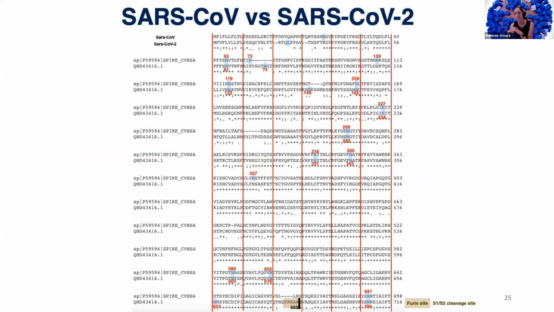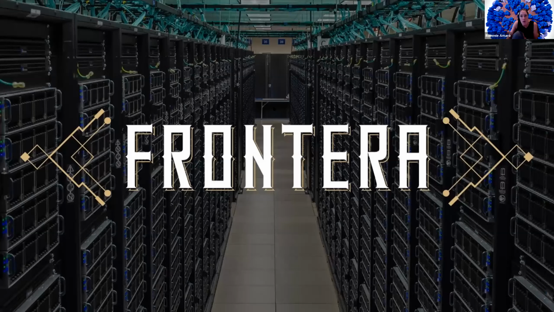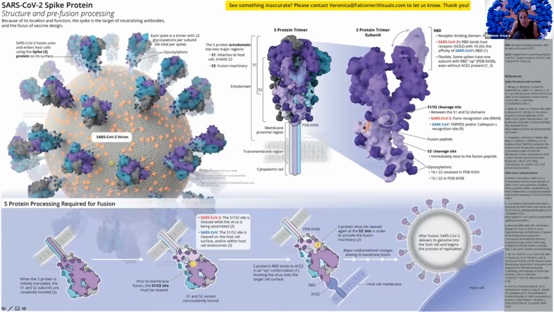So without getting into too much detail, here I'm showing an alignment of the SARS-CoV and SARS-CoV-2 spike proteins, looking at the different glycan sites. If we go back to the cryo-EM structure, these dark purple bits you can see are the locations where these sugars are.